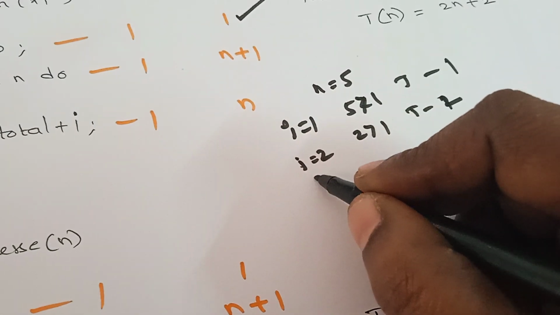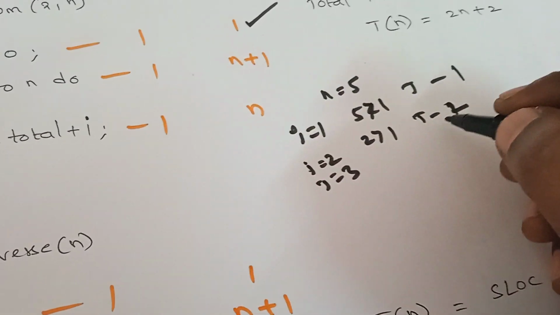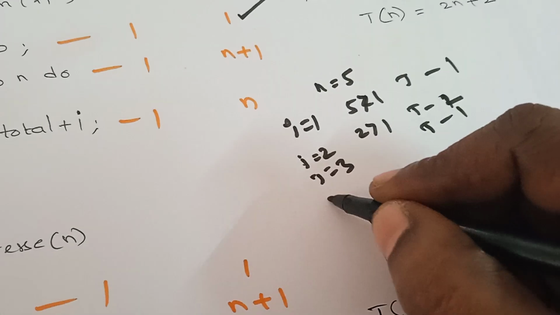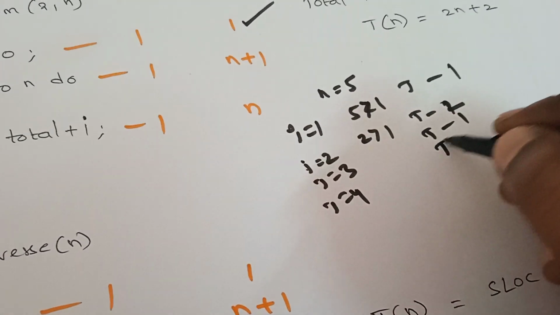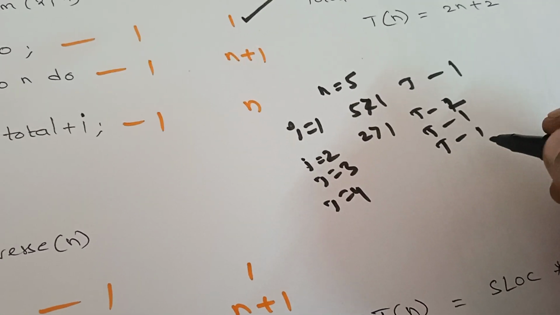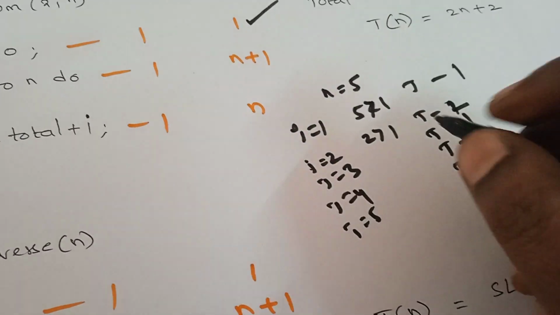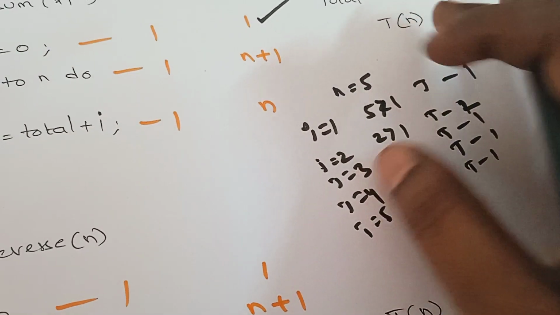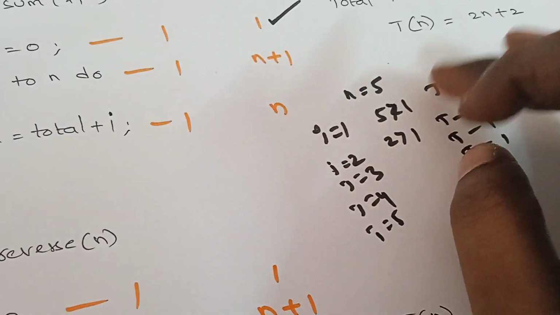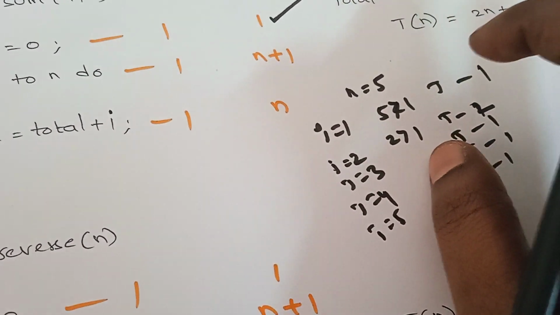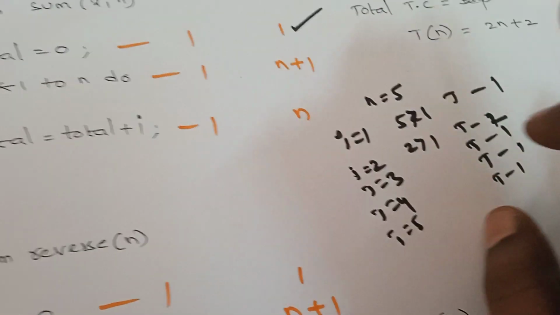For I equal to 3, it takes one cycle. For I equal to 4, it takes 1. For I equal to 5, it takes 1. The condition is I less than or equal to 5.